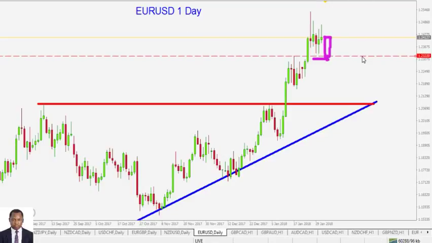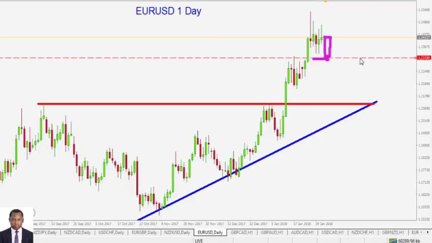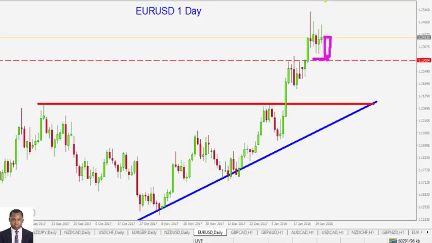We are expected to see a downward push to somewhere around the 1.2300 area before price bounces to the upside. So the euro against the American dollar is still bullish, but with today's rejection candle there, price is likely to make some pushes to the downside in this pair.